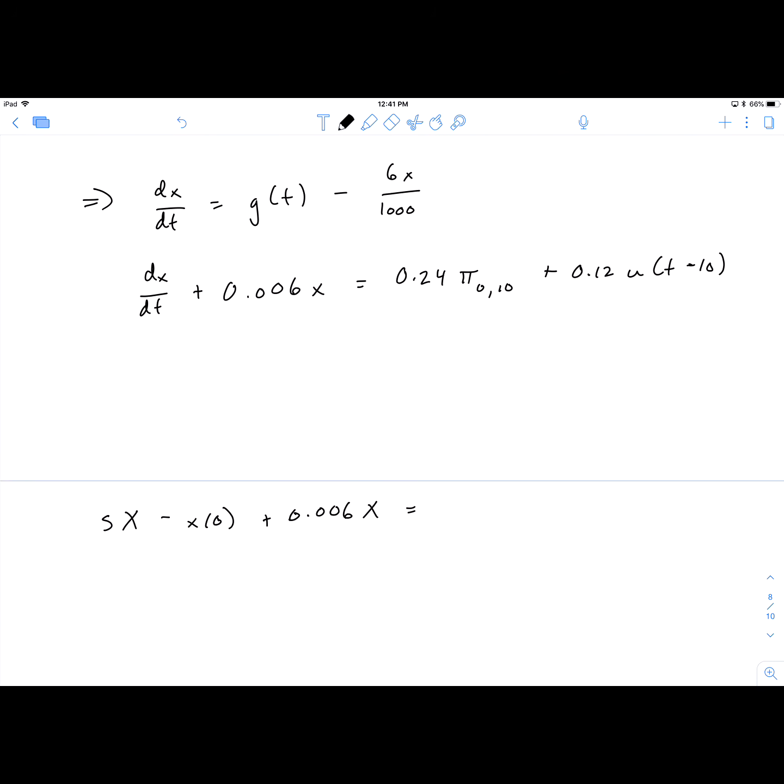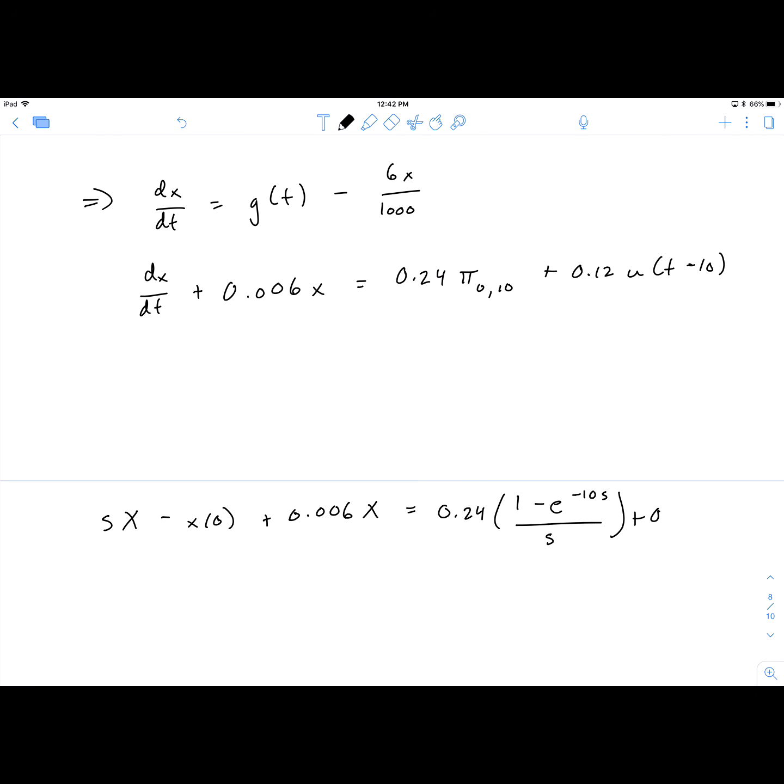And then on the right-hand side, the Laplace transform of the pulse function would be 0.24 times e to the 0t, so that would just be 1, minus e to the negative 10s, all over s.